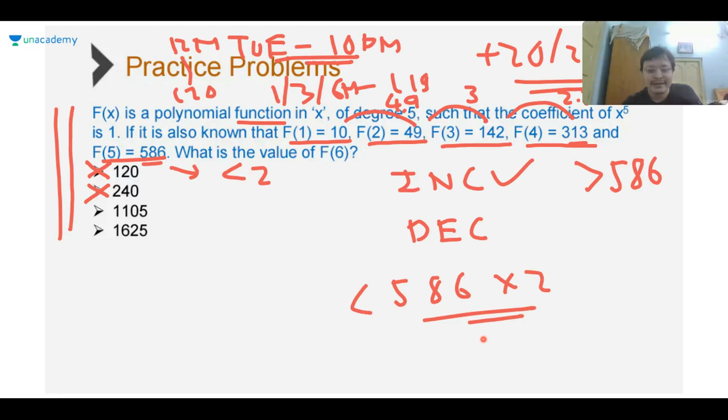So it will be less than 1200, which means out of these two options, option C is much more likely, so mark the answer as option C and leave. That is, the answer will be 1105. So again, observe the trends in the values and mark answers.